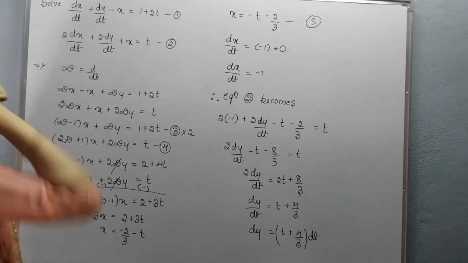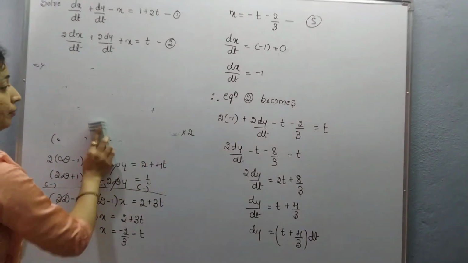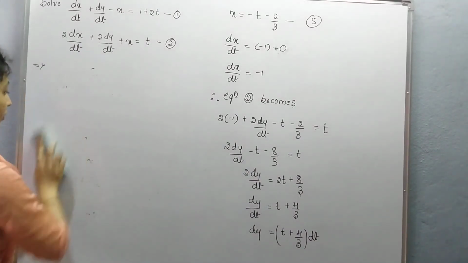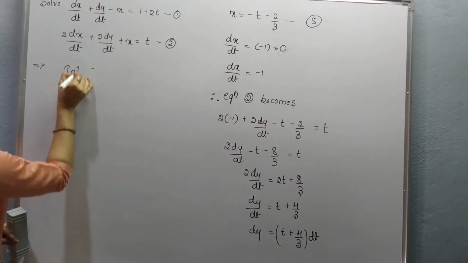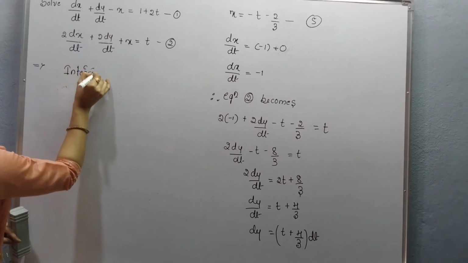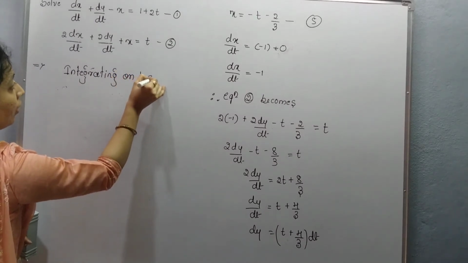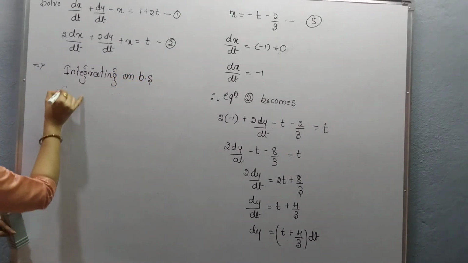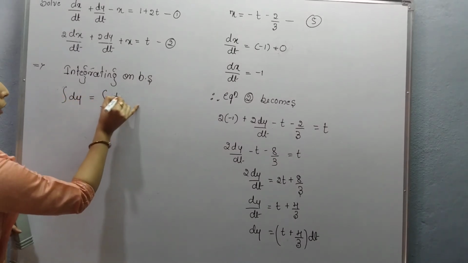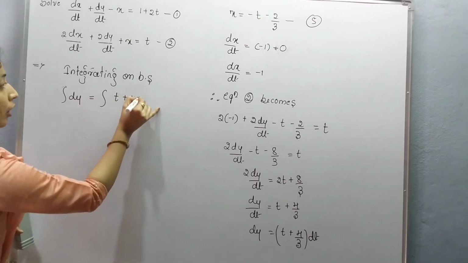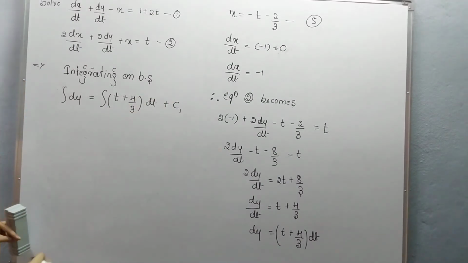Now integrating on both sides, integration of dy is equal to integration of (t plus 4 by 3) with respect to t plus an integral constant c1.